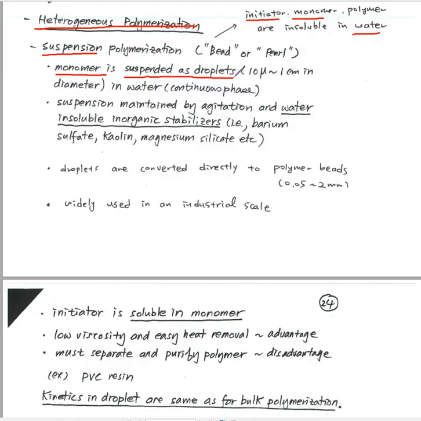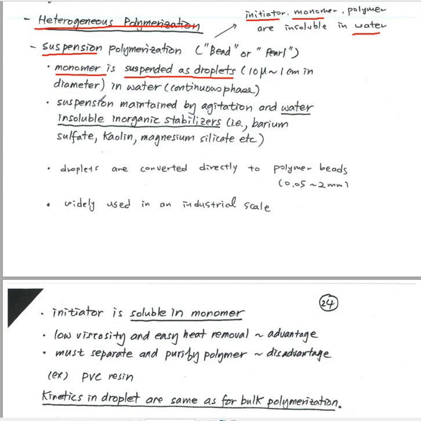You can just imagine that you put some oil inside of water and agitate it with glass beads. Then you can generate small oil droplets inside of the water, right? In a similar way, monomers are suspended as droplets, and droplet sizes are relatively large, 10 microns to 1 centimeter in diameter.